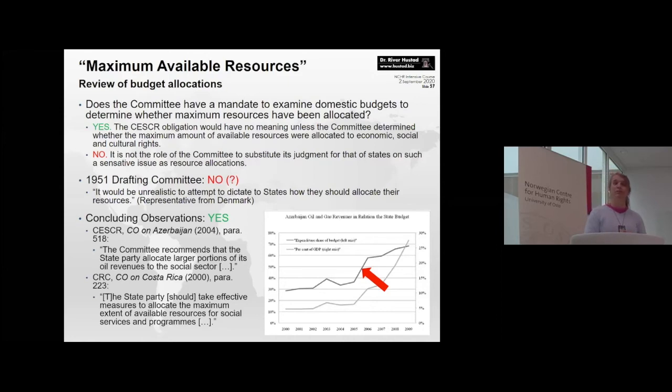But the concluding observations of the committee in the more modern era show that the committee actually has gotten in, and the committee doesn't sit there and demand, you must do this. The committee in its concluding observations always words it as recommendations. So the committee recommends that the state party allocate larger portions of its oil revenue, in that case, or in the Costa Rican case, that it should take effective measures to the maximum of all available resources for social services programs. So the committee will get involved with those budget questions.